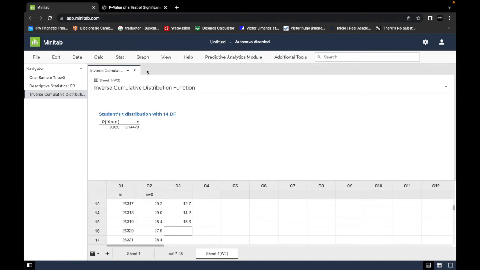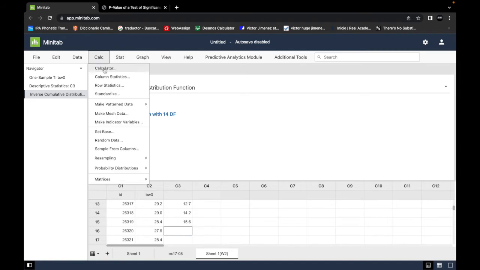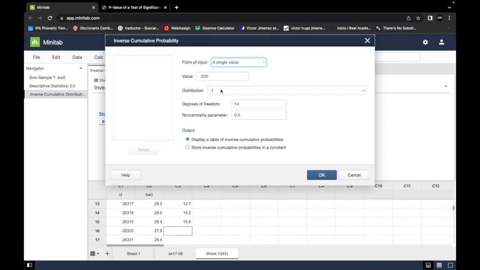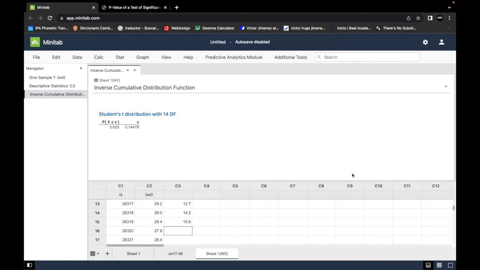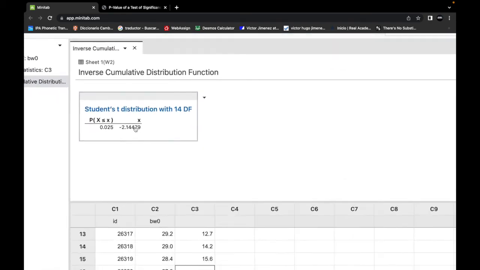Oh, this gives you the table, so I'm sorry. Use what you got here. We got this value, 2.144, but it's negative, right?